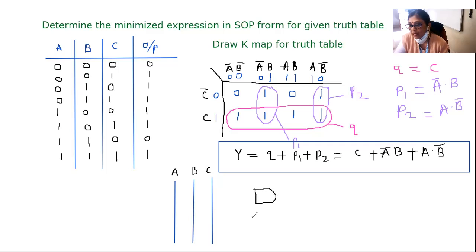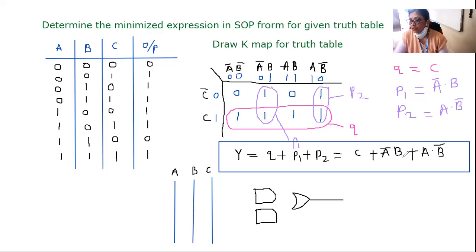This is one AND gate. This is another AND gate, the second one. And this is given to an OR gate. Okay.